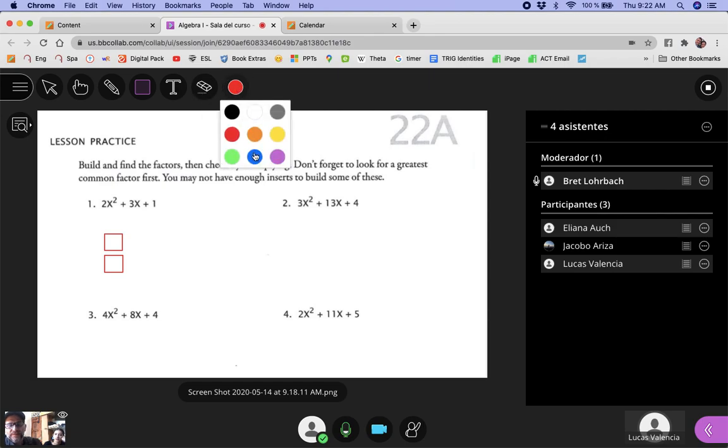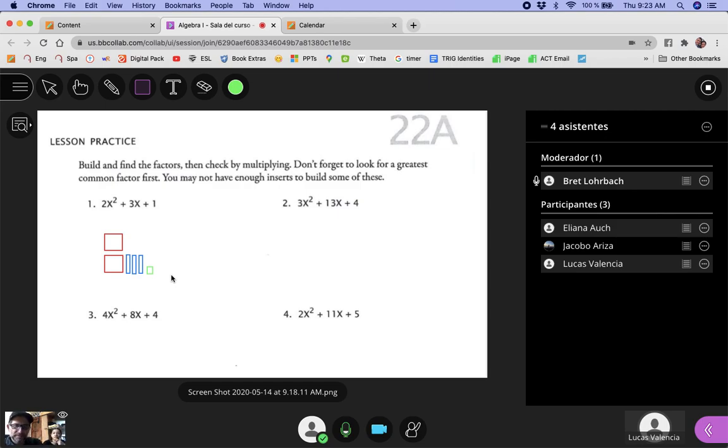We have three x's. So three blue rectangles, right? And here we only have one unit.